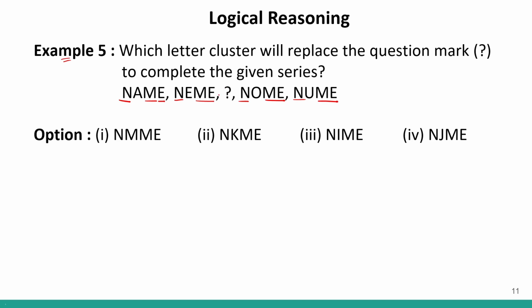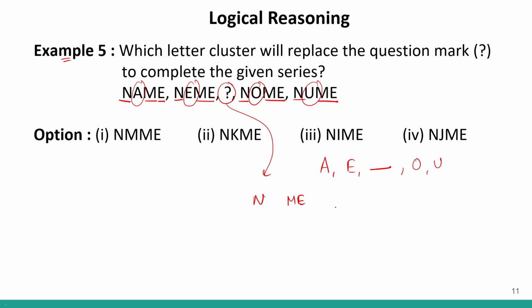These are common in each of the words. So over here in this word, we will have N, M and E because this is common. So the only thing that is changing is the second letter. So the second letter, the series is A, then E, then we have to find out, then O, then U.